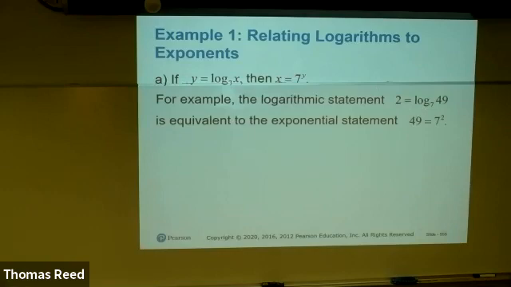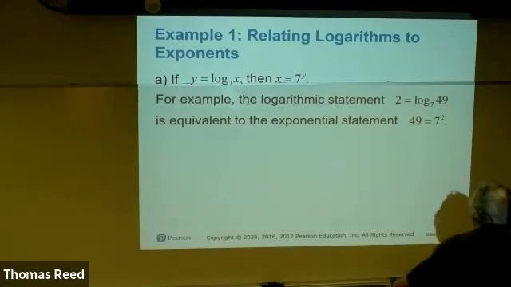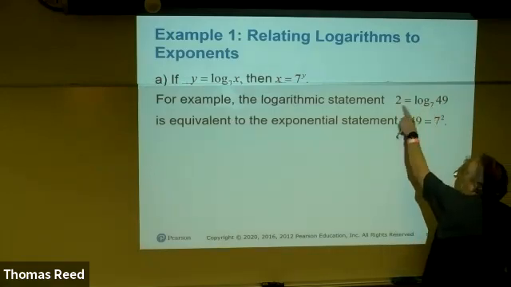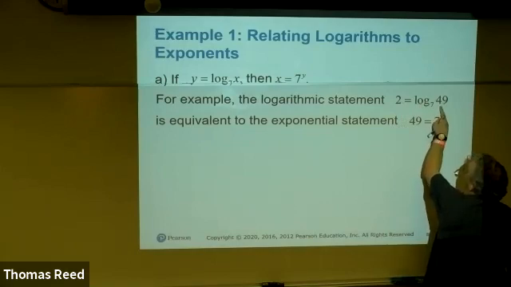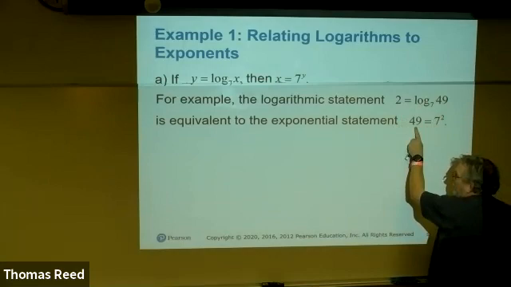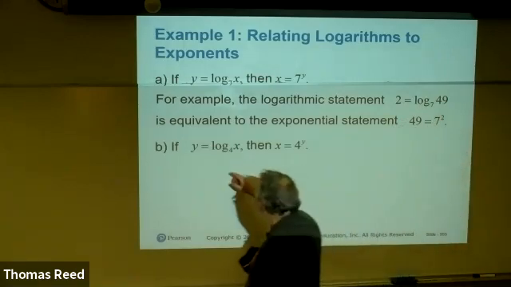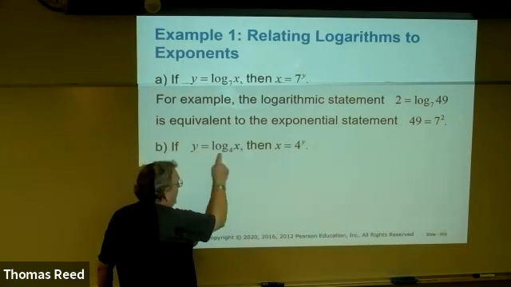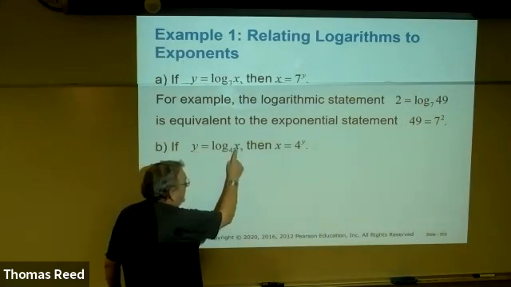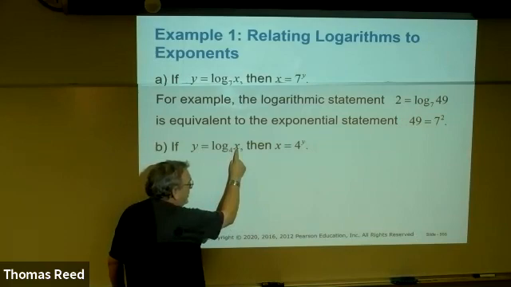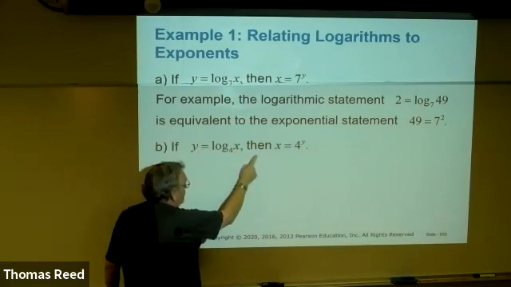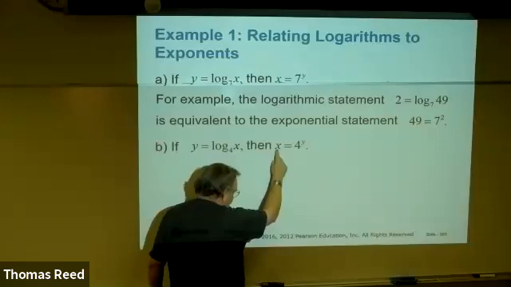So 2 will equal log base 7 of 49, which means 7 raised to the exponent will equal the argument. 7 to the second power equals 49. y is the exponent I put on the base to equal the argument of the logarithm. So 4 to the y will equal x.